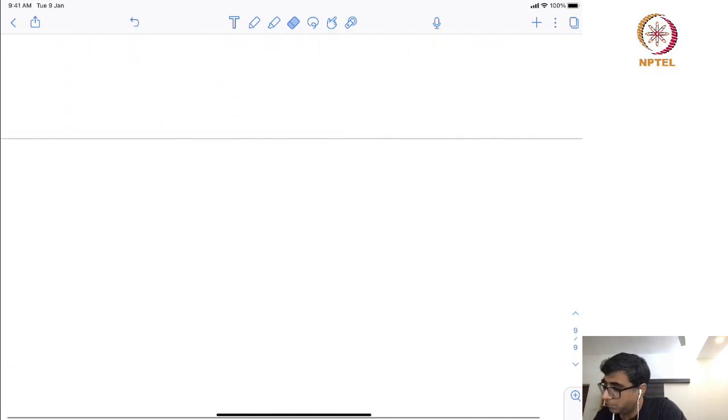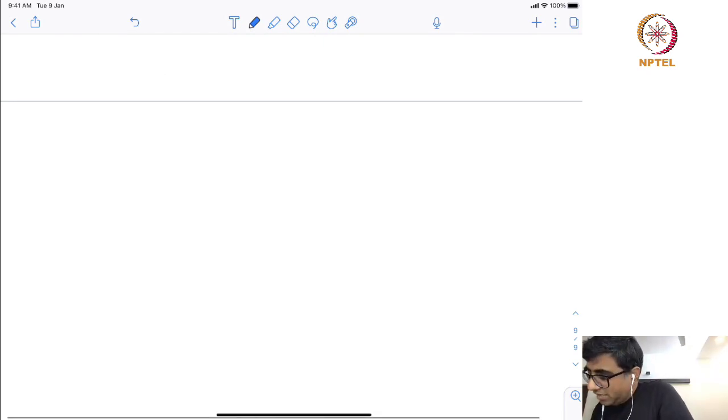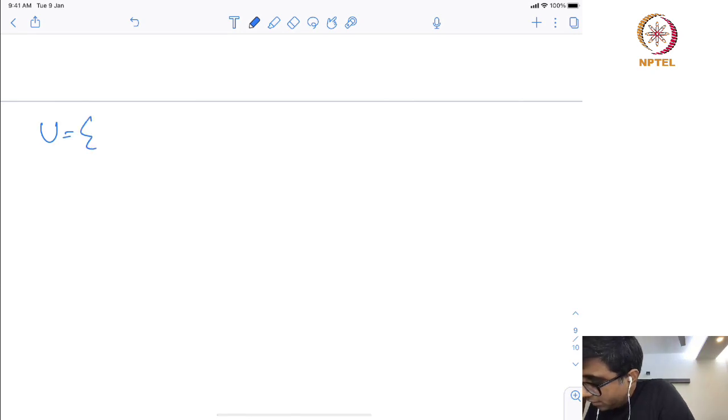Now I'm going to apply a compression version of this. It's not a graph, but we still do the same thing. Suppose the universe is V1, V2, V1.